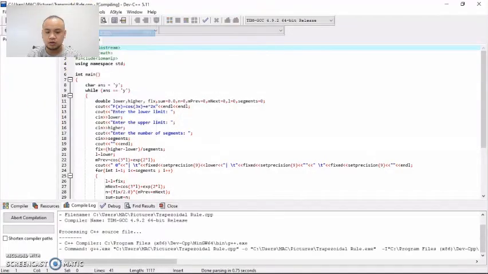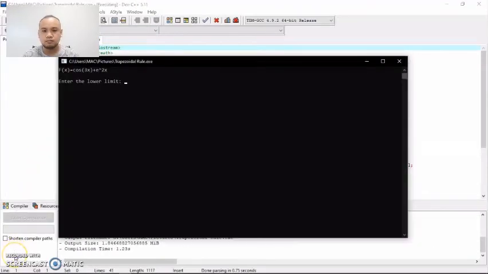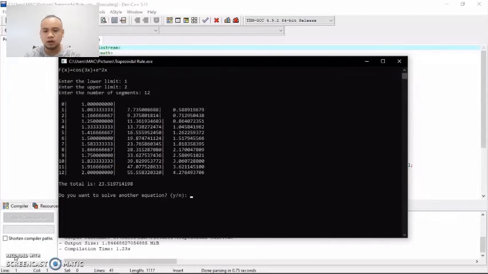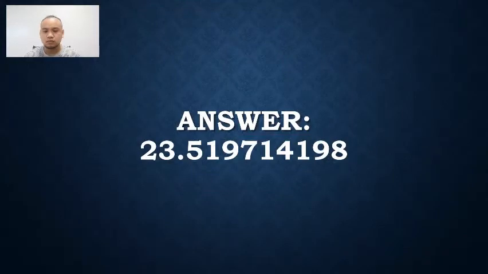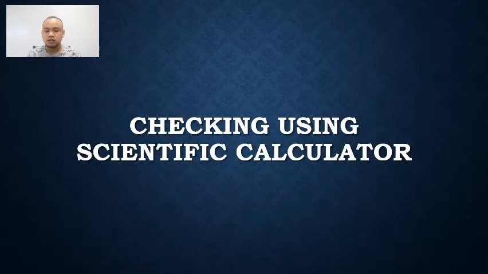Let's run the program. The lower limit is 1, upper limit is 2, number of segments 12. And there you see it, the total is 23.5197. And let's check this using scientific calculator.